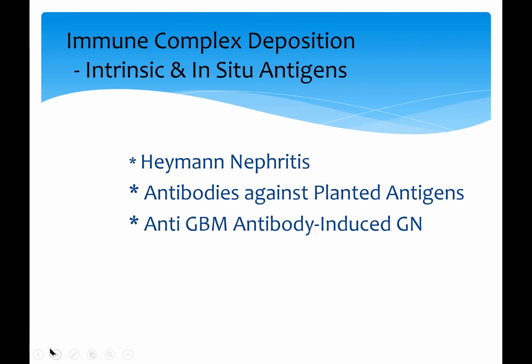So immune complex deposition can be intrinsic or in situ antigen. In this form of injury, immune complexes are formed locally by antibodies that react with intrinsic tissue antigens or with extrinsic antigens planted in the glomerulus from the circulation.